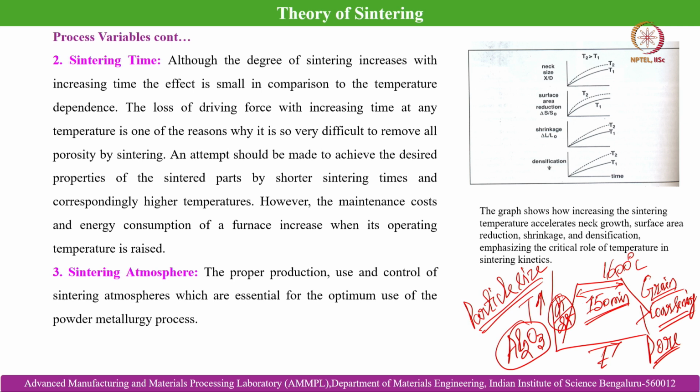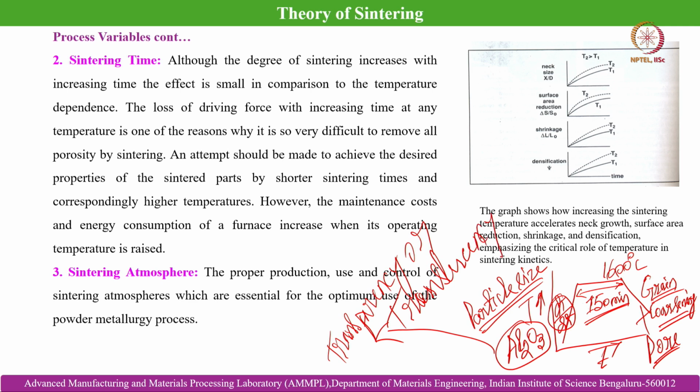For example, again taking the example of alumina, we can achieve transparency or translucency in the sintered alpha alumina part. These are optical properties that largely depend on the environment in which it is sintered.